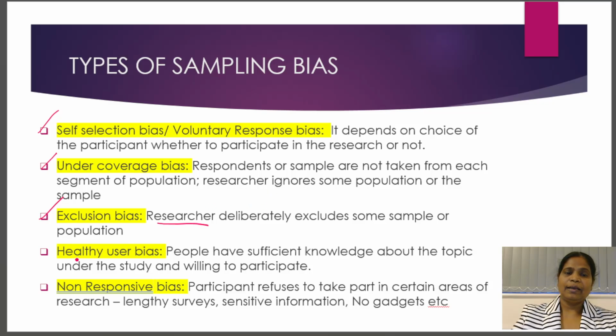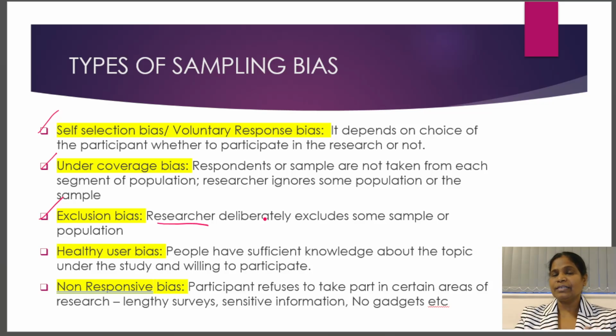Next one, healthy user bias. Here, suppose you are conducting a study on knowledge regarding menopause among menopausal women. We may get participants who already know what menopause is, what the effects are, and what the signs and symptoms of menopause are.